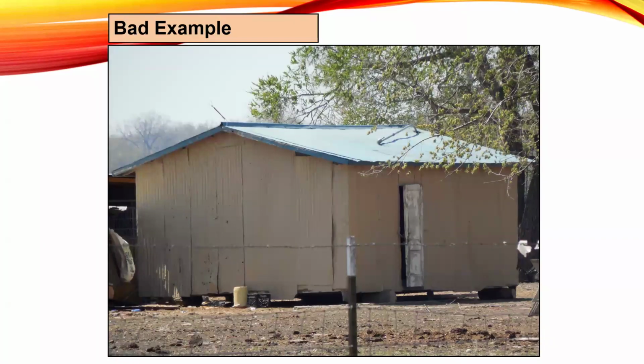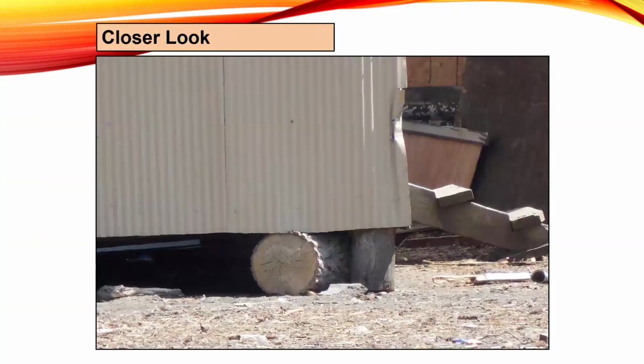Other things to look out for are buildings that are put together in this type of way. So it's not flood damage resistant materials. There's no flood openings. It's not anchored. And if you look closely, it's just kind of sitting on these pieces of wood.